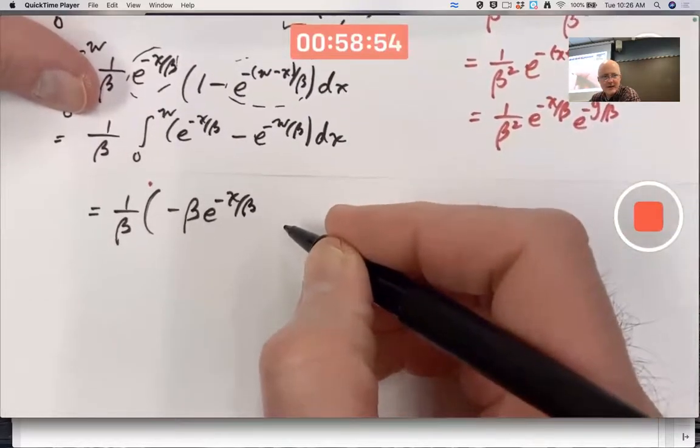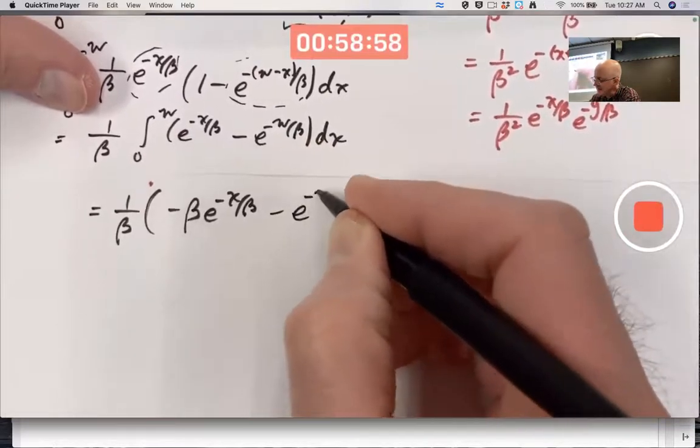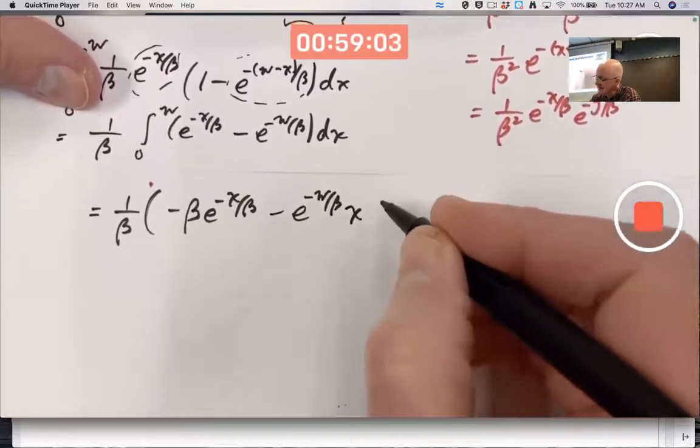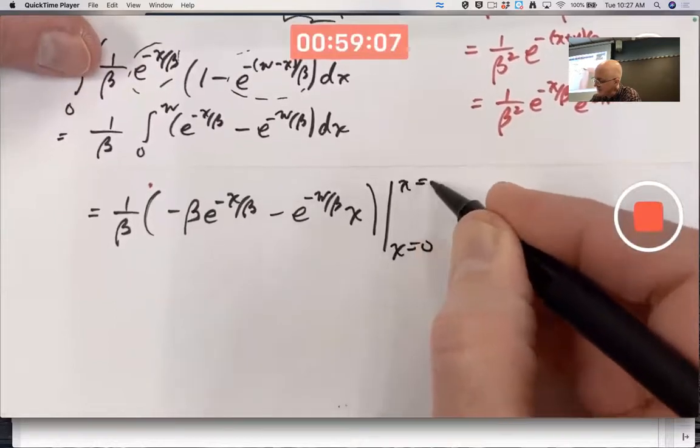Doing this final integral now. And again, that's just a constant, so I multiply it by x. X goes from 0 to w.